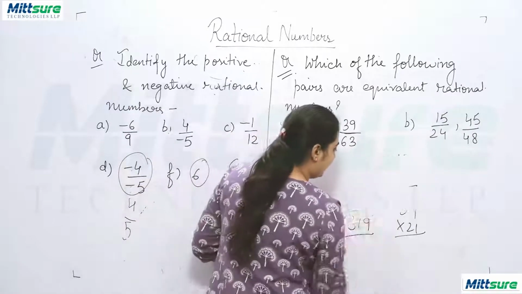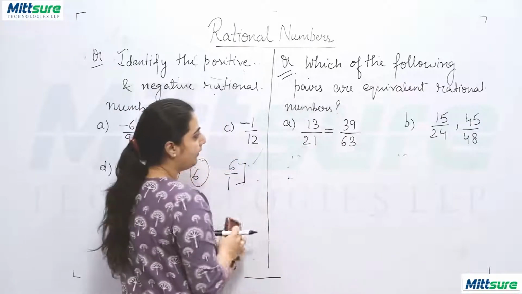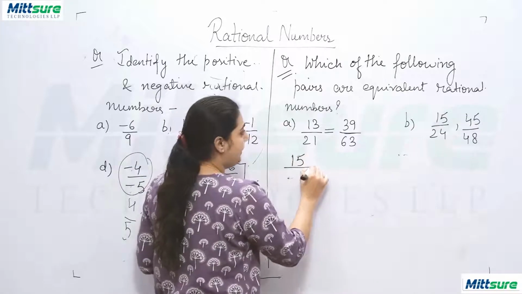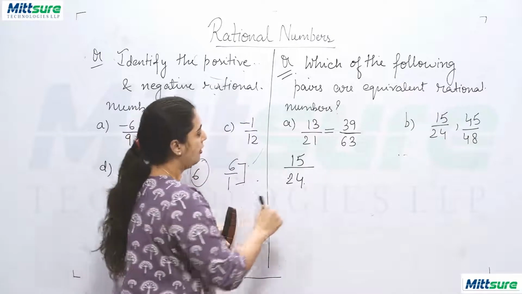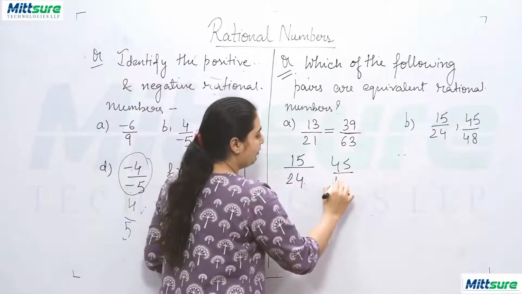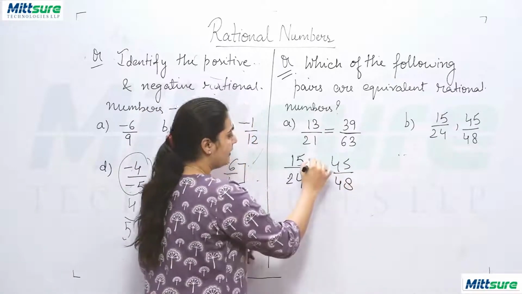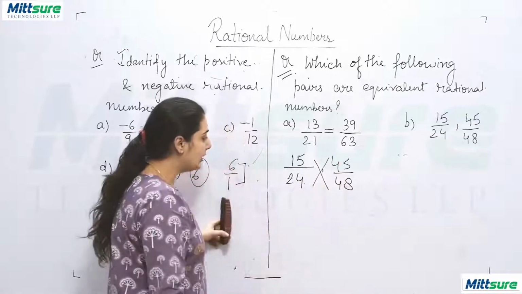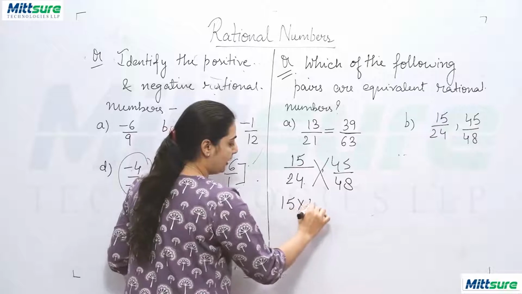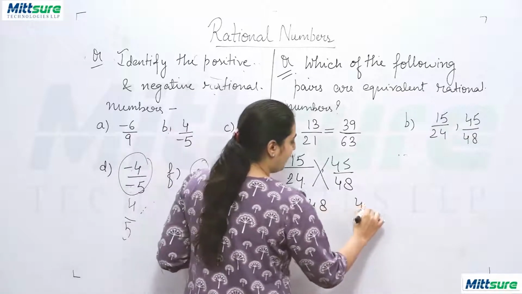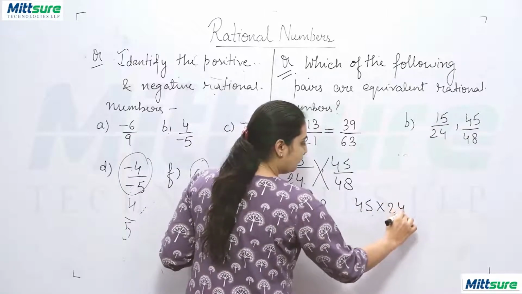In the next example, the next pair of rational numbers is 15 upon 24 and 45 upon 48. Now on cross multiplying this pair of rational numbers, we have 15 into 48 and 45 into 24.